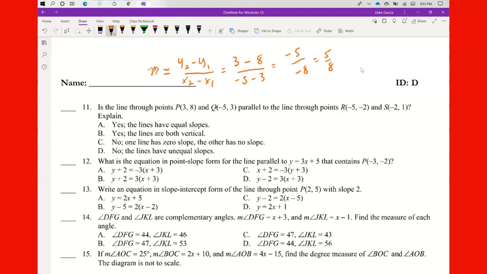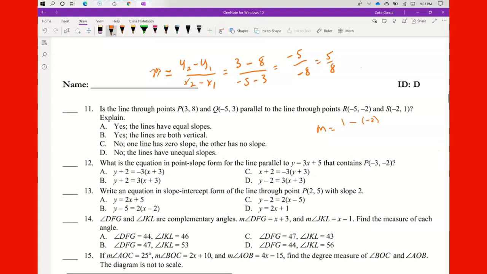Okay, so now we got to find the slope between R and S. So we have y2, which is 1, minus y1, which is -2, divided by -2 minus -5, right?